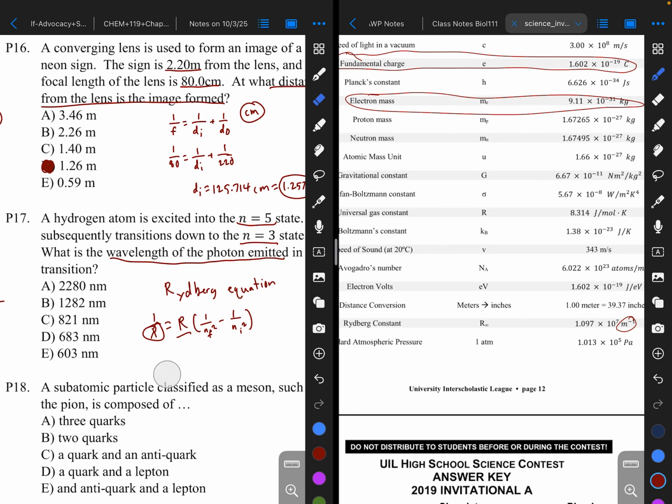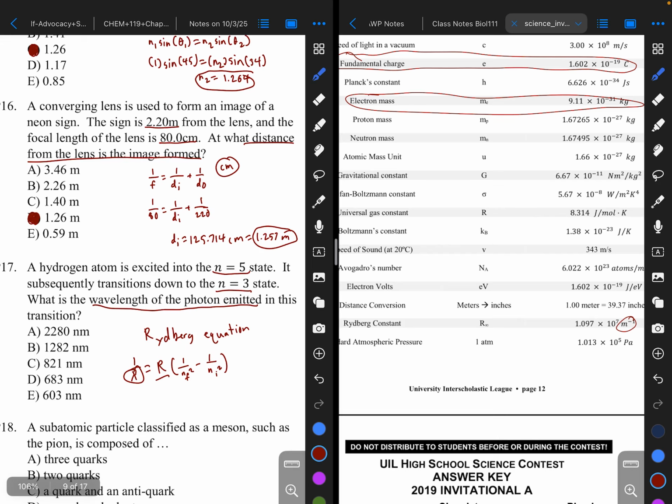For this problem, I'll use the first variation of the equation. So we're plugging in the Rydberg constant. The final level is 3, so 1 over 3 squared, minus the initial level is 5, so 1 over 5 squared. So just plugging all these numbers into the equation.